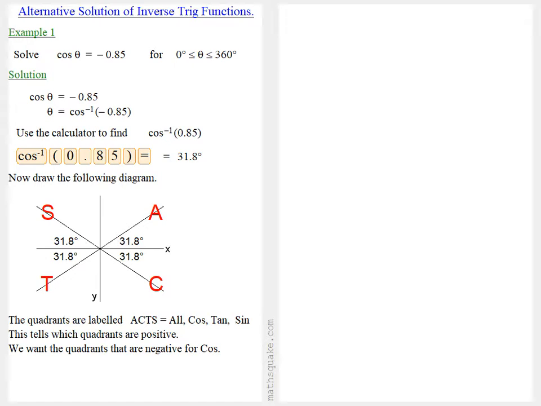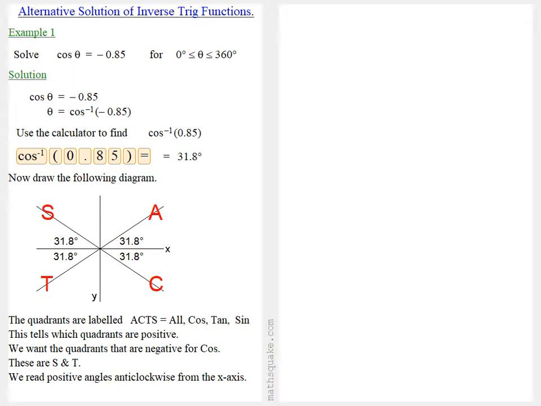Now, we were told that cosine of theta was minus 0.85, so we want the parts that are negative for cosine. Well, A and C are positive for cosine, and so S and T are negative for cosine. That means we want the angles that are in the S and the T quadrants.